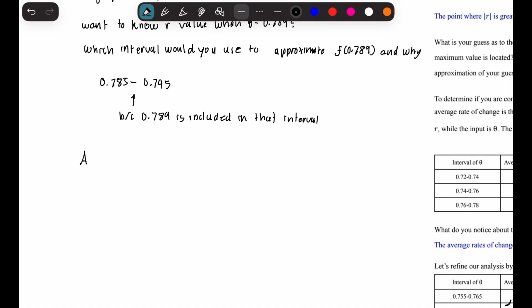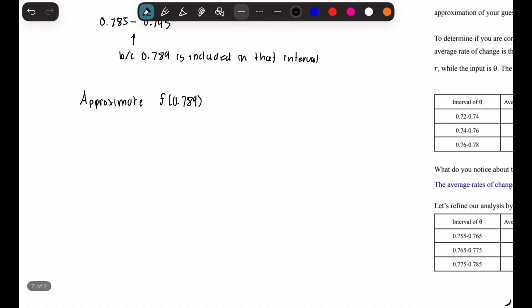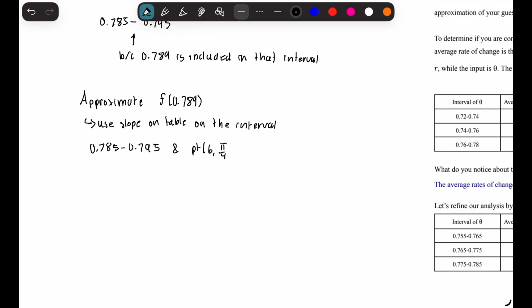Now what we want to do is approximate f of 0.789. So you're going to use the slope from the table on the interval from 0.785 to 0.795, and our point.